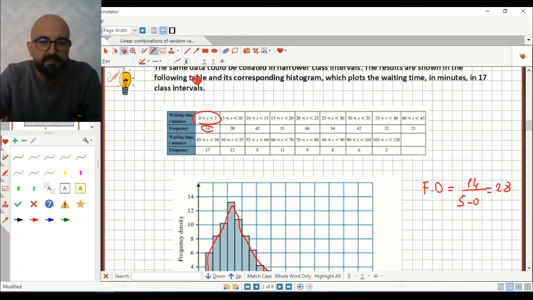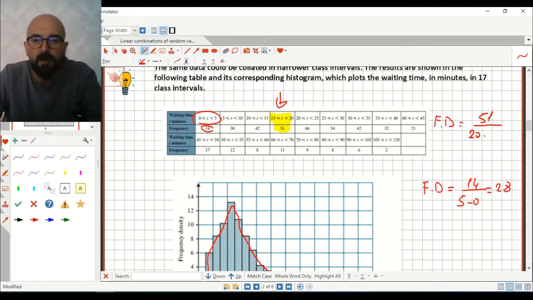For example, I want to look at the table. This column, if we want to find frequency density, I use this formula. So frequency density for the fourth column is frequency over our column width, so 20 minus 15, so 51 over 5.